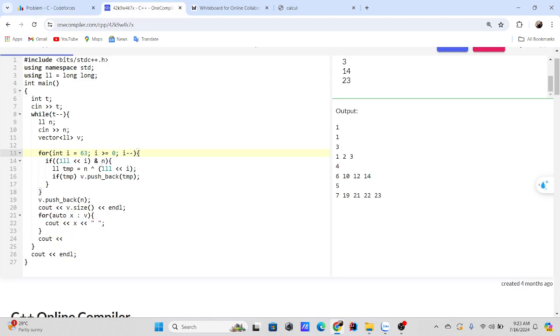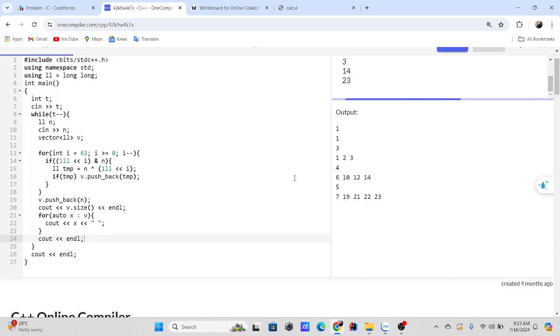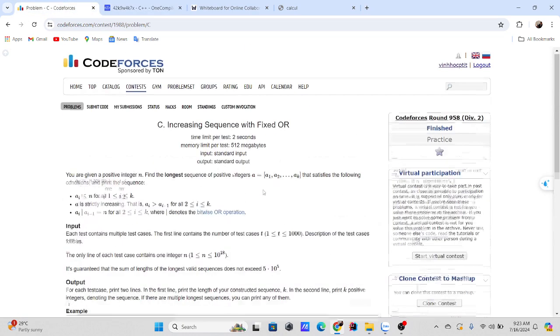So we will push these numbers and n into the vector, and we will count the size of this vector, aka the number of numbers in our sequence, and we will print this sequence continuously until this vector is empty. And yeah, that is basically it. So let me run it again. Yeah, that is our answer to this problem.